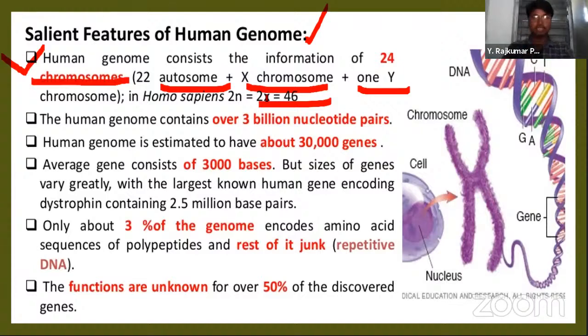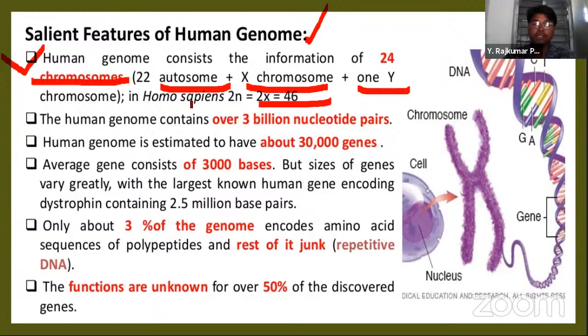So in that sense, out of 23 pairs of chromosomes, we only take 22 autosomes and one X and one Y chromosome. Okay, so 24 chromosomes can be called a human genome. Why? Because whatever the rest of the chromosomes are, they are just a copy of these 22 autosomes.